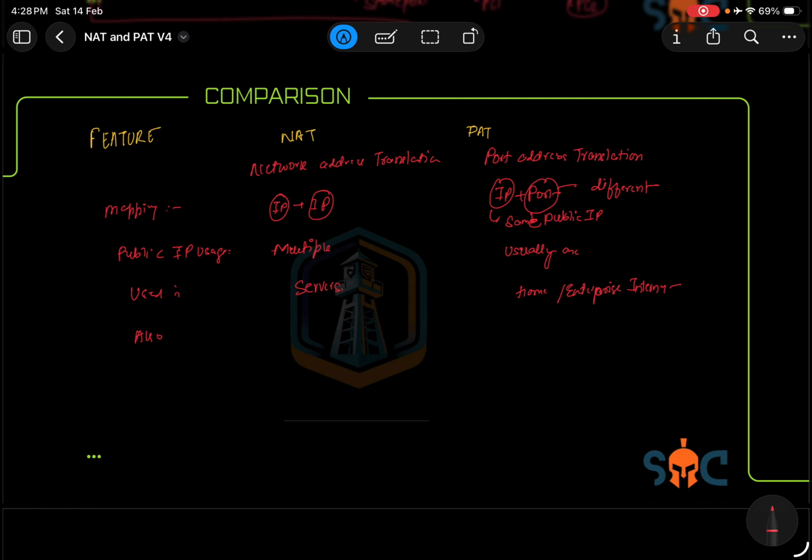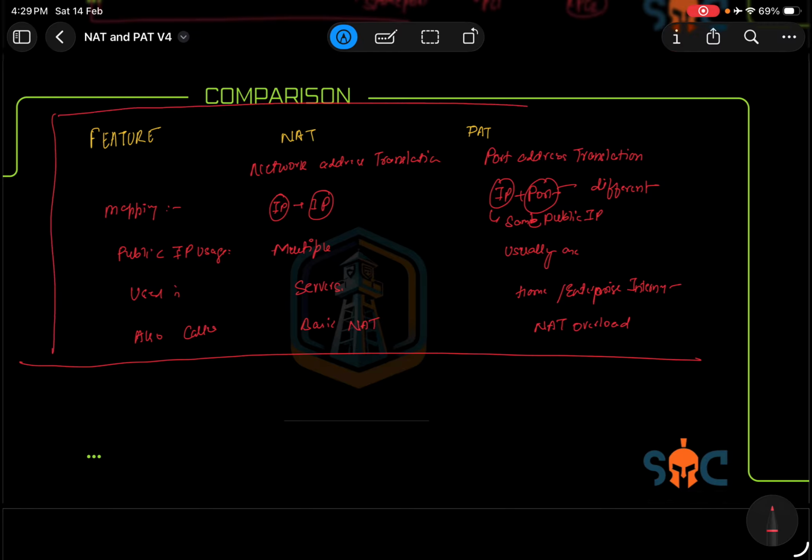NAT is also called basic NAT, that is basic network address translation, and PAT is also called NAT overload. Okay, so this is the basic comparison between NAT and PAT.